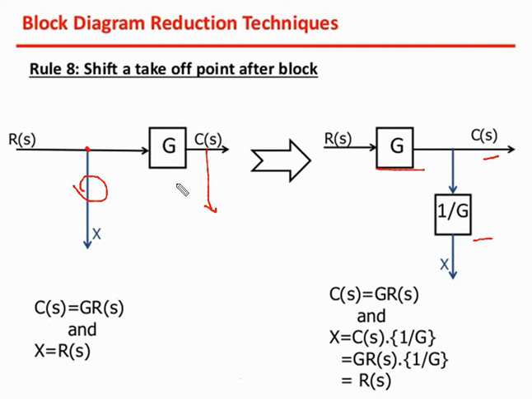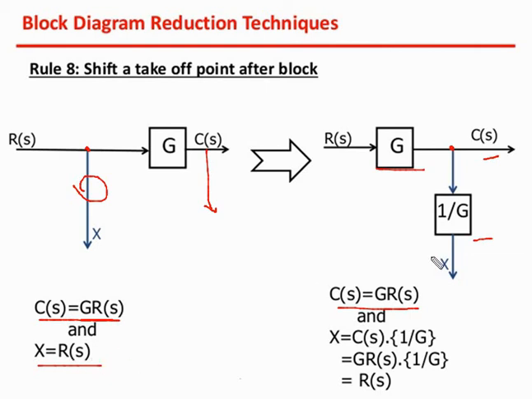In this case CS equal to RS into G, and X equal to RS. If we shift this takeoff point from before a block to after a block, CS equal to G into RS. Both are the same.